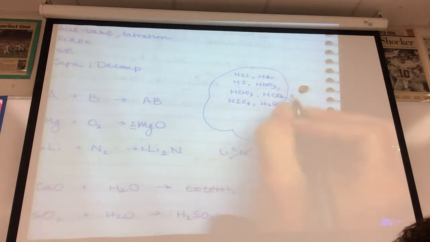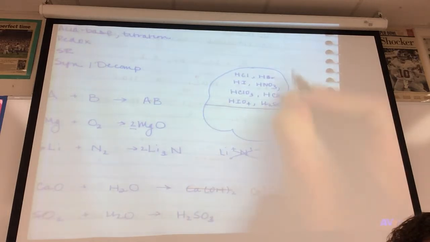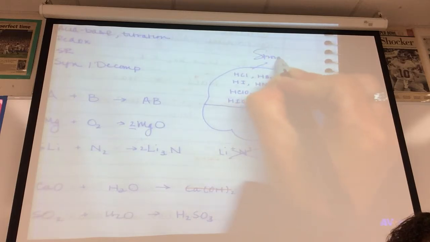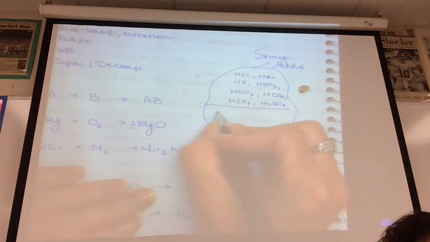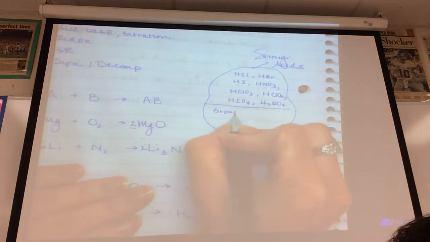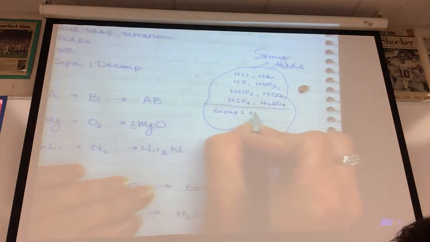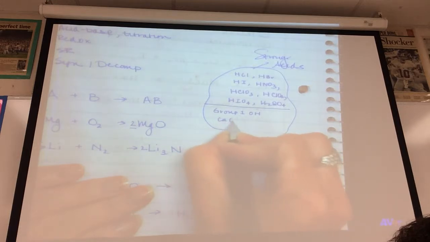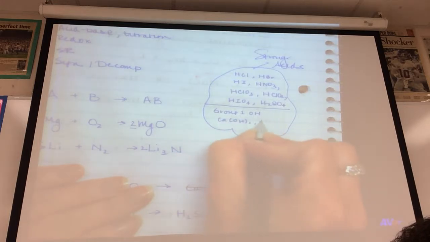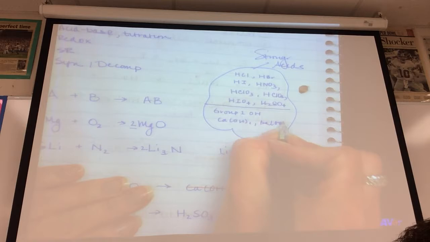Those are your strong acids, in your notes and in your packet. Your strong bases are going to be your group 1 hydroxides and calcium hydroxide, barium hydroxide, and strontium hydroxide.